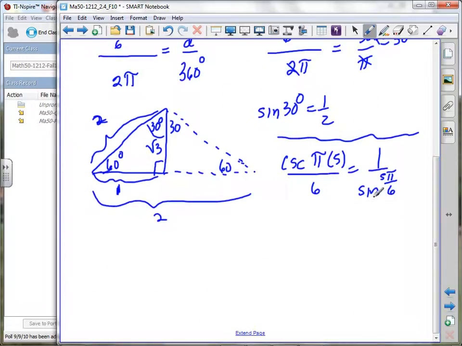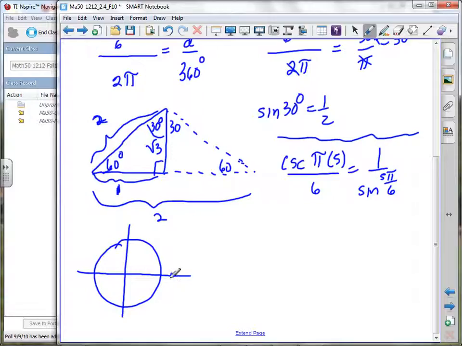Now we have to look at what is the sine of 5 pi divided by 6. Well, let's go back to our unit circle. Remember, we are always talking about an angle in the first quadrant, but we can use the angles in the first quadrant as reference angles for other quadrants. So if I have an angle of 5 pi divided by 6, where is its terminal side?